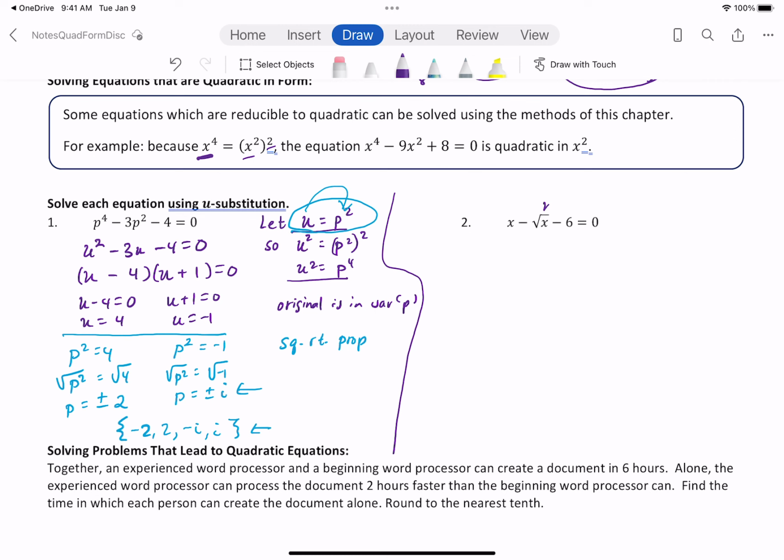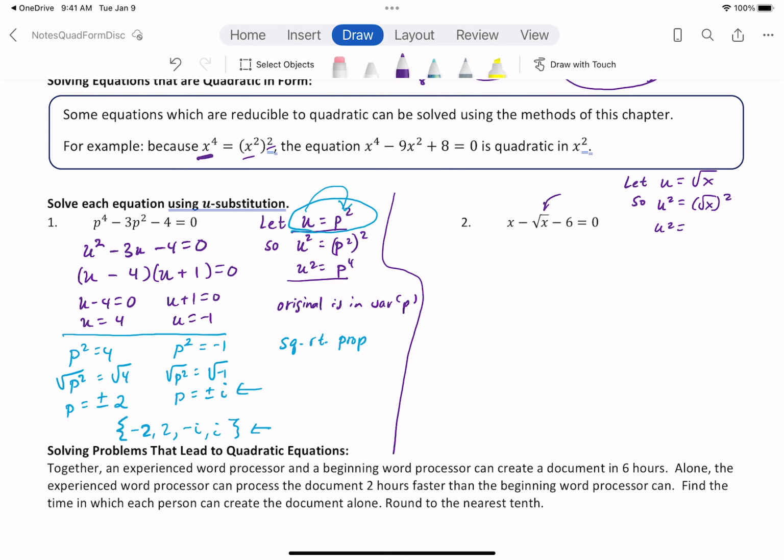So when you see that you have the square root of the variable in the middle, we're going to let u equal the square root of x. And like we did last time, if I square u, then we would be squaring the square root of x.